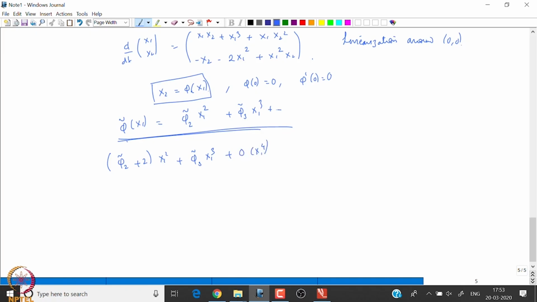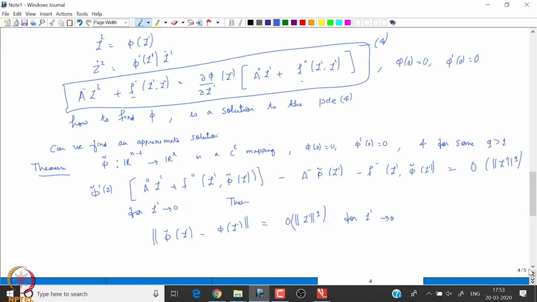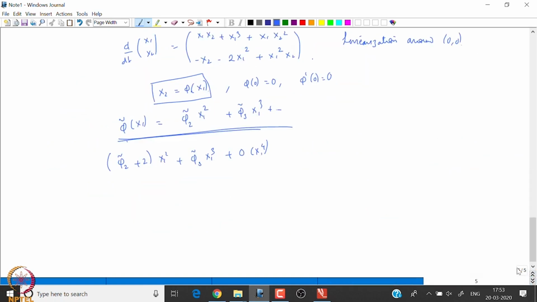What I am doing is taking this phi tilde of x1 and substituting it here, and the exact dynamics are given by these x2 terms. I am just substituting the approximate phi over here.